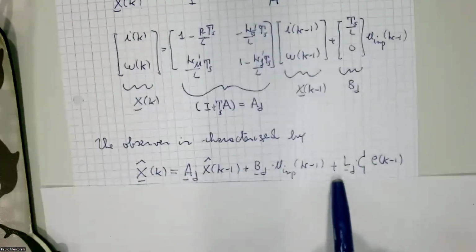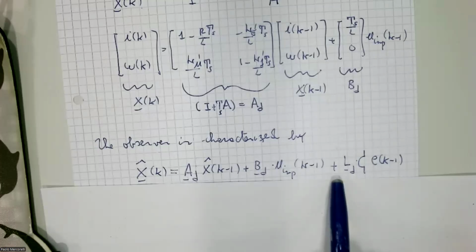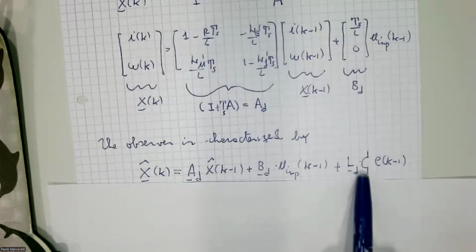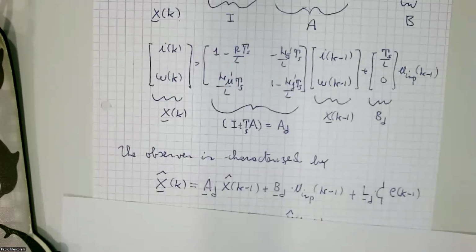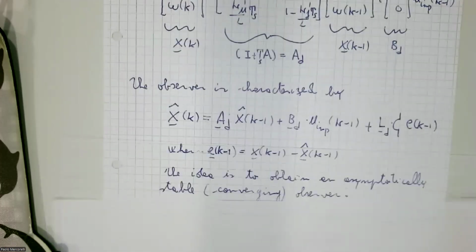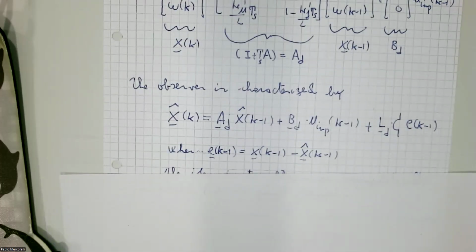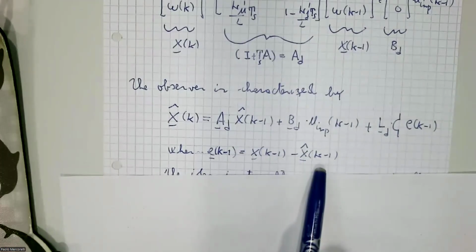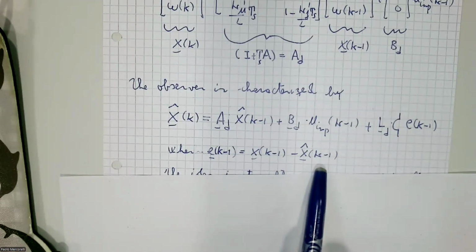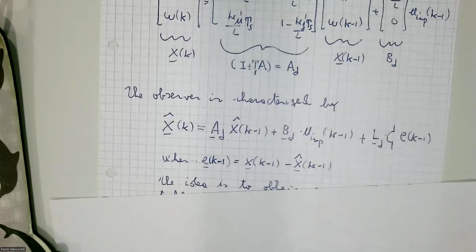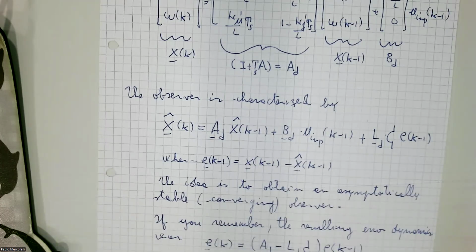But now I add LD multiplied by C, multiplied by the error, in which the error at time k minus 1 consists of this form. What is it? The measured output minus what I am observing or estimating. A little bit abstract until now, but we will be more concrete in a few minutes.